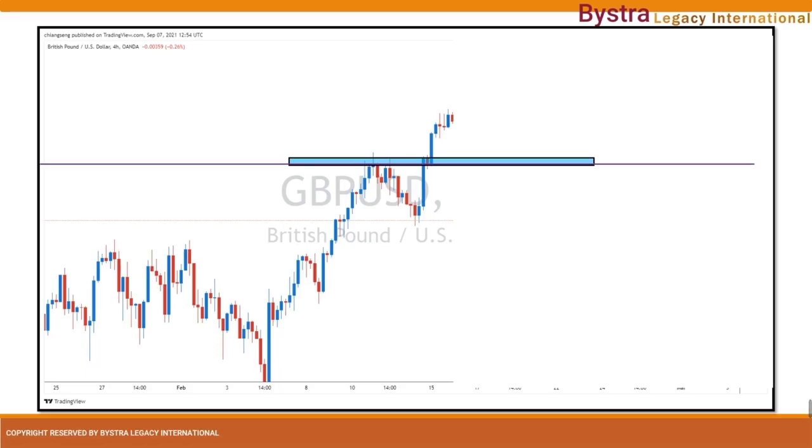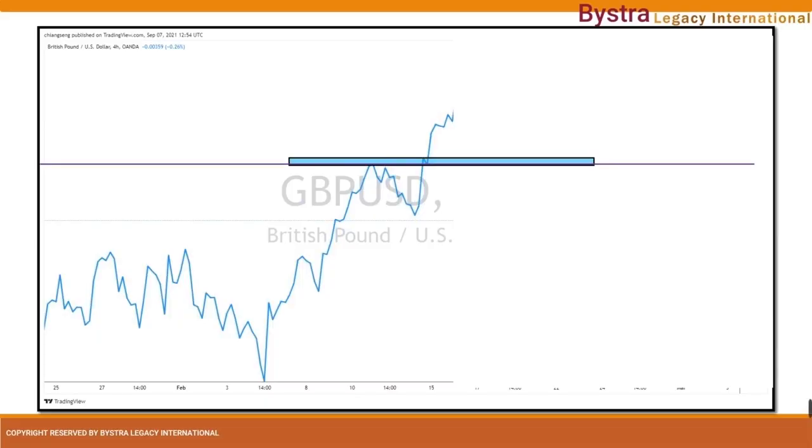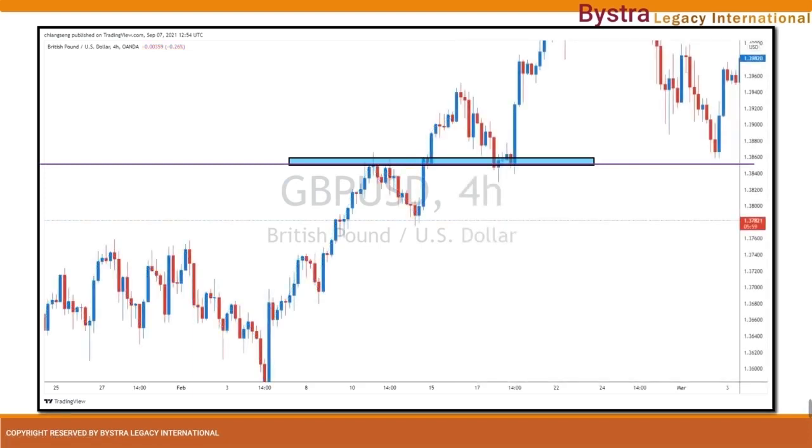Therefore, we shift it to the line chart, and we can see that this is the capital letter A, and it is inside the rally base rally, our entry point. Therefore, the SOP is complete. Next, we wait for the price to react. So price comes back to this area, into our entry point, and continues on the uptrend.